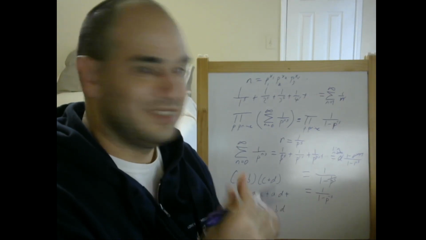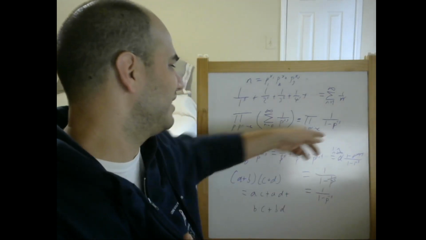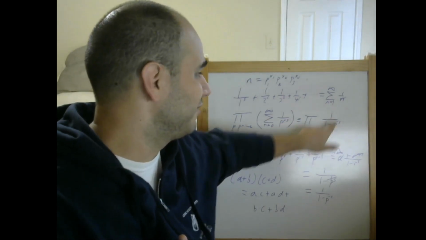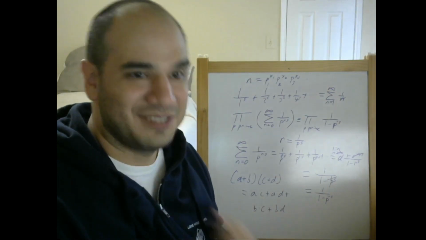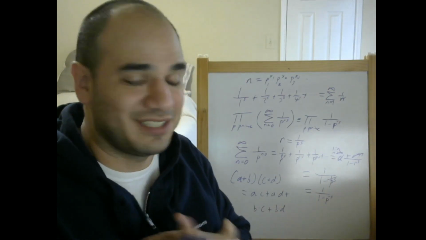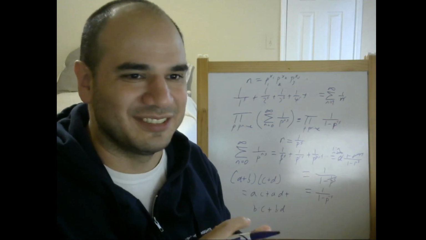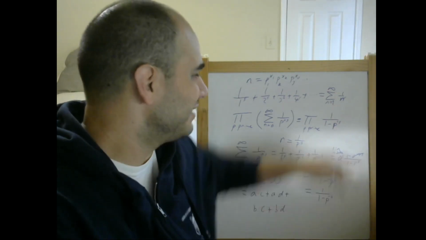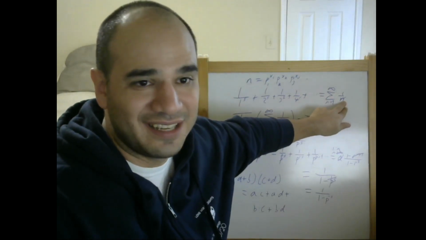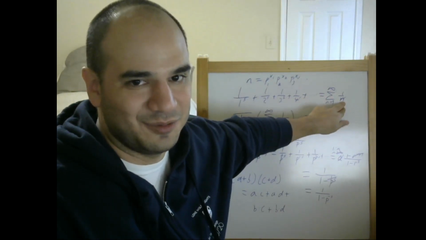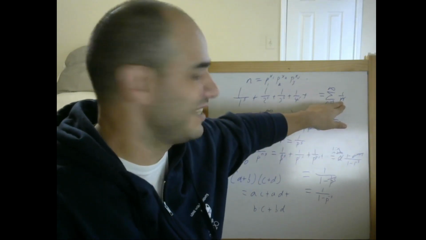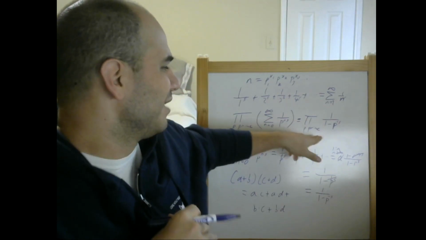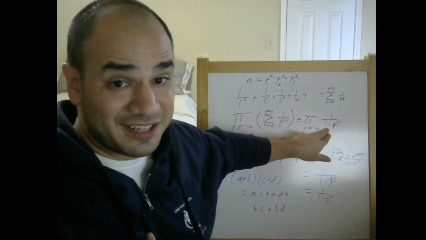And so, in this really clever way, he was able to show that this is actually just another form of this. And so he felt he was really onto something, and they were able to show some other results from this. But he was able to relate this sum of 1 over n to the s, so all of the natural numbers raised to whatever arbitrary power you have, was equal to this product of primes.